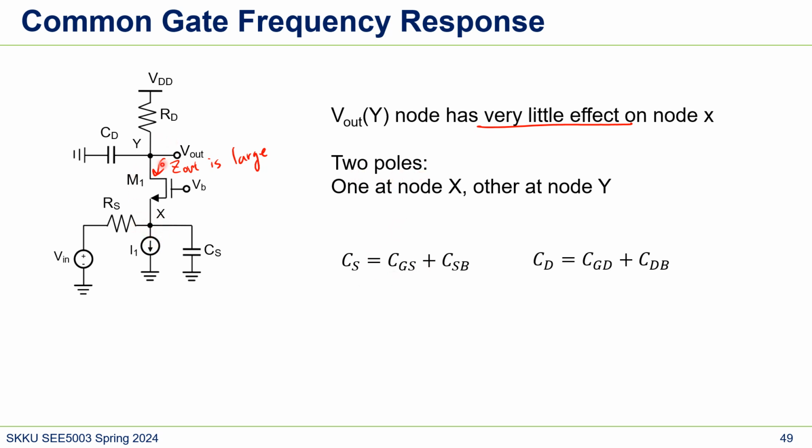We have two poles because we have two nodes, one at X and one at Y. Just make CGS and CSB as CS, and CD is CGD, because this gate is AC ground, right? So the capacitance between D and G just goes to ground. So we can just merge these two as CD.